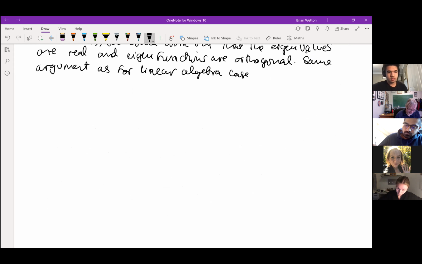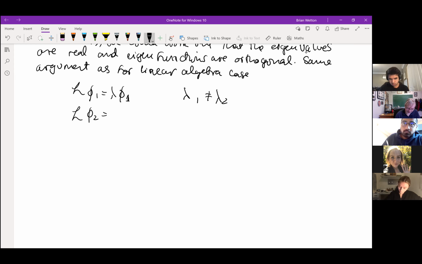Right, so I've got L times phi1 is lambda1 phi1. So phi1 has to satisfy the boundary conditions. And I'm going to have a different one with L times phi2 is lambda2 phi2. These are the sine series.